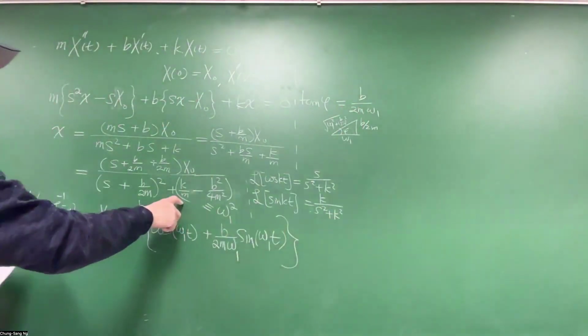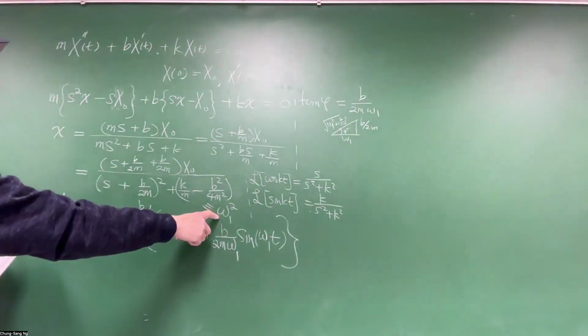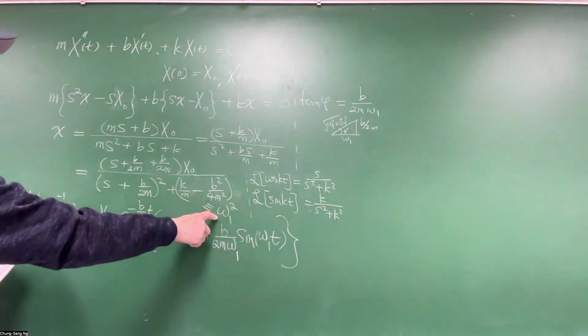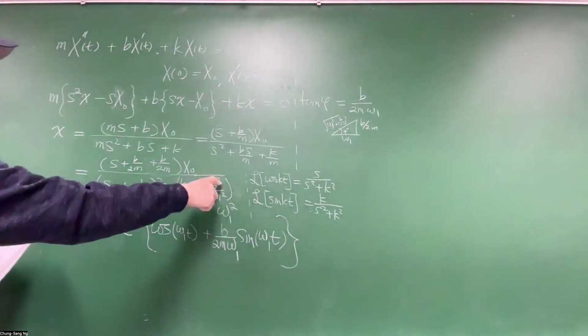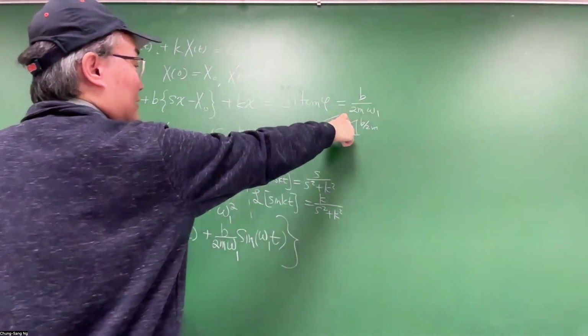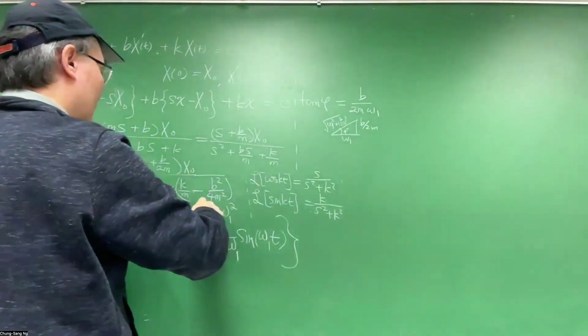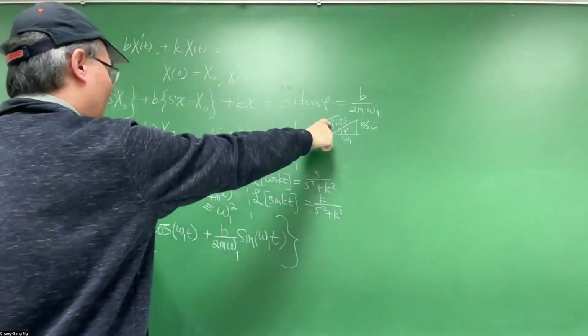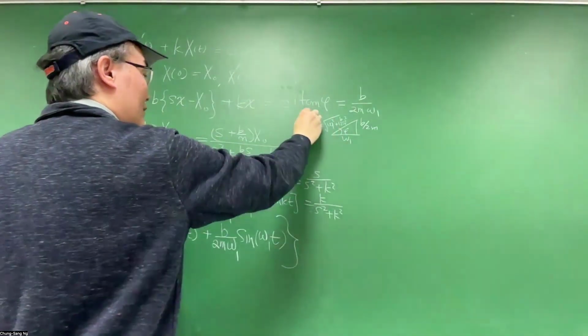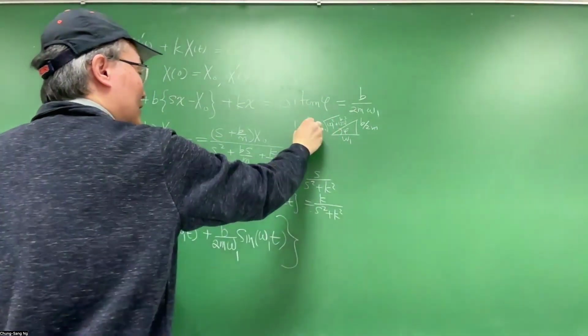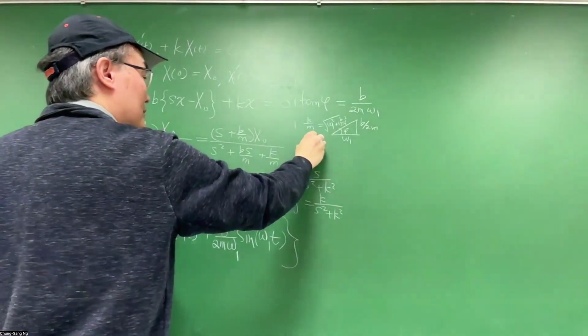But you substitute the definition of omega 1 squared. Omega 1 squared is k over m minus b squared over 4m squared, which is exactly this one. We subtract that, so this becomes k over m, and then take the square root, so this is actually just k over m.